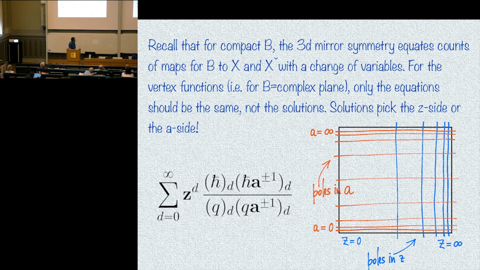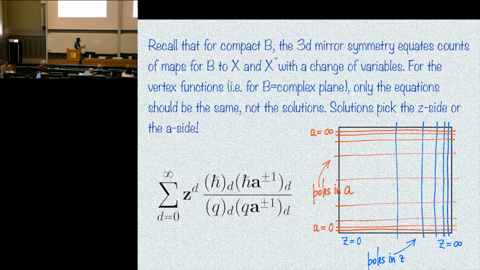Again, I recall that for a compact curve, 3D mirror symmetry should equate the counts of curves in two mirror geometries with the change of variables. But for non-compact curves, it only equates the equations, not the solutions. Is that clear? It's clear that these functions cannot be symmetric in Z and A for the simple reason that this function in Z is holomorphic in some neighborhood of 0, so it has no poles near z equals 0, and then the poles appear and accumulate to infinity.